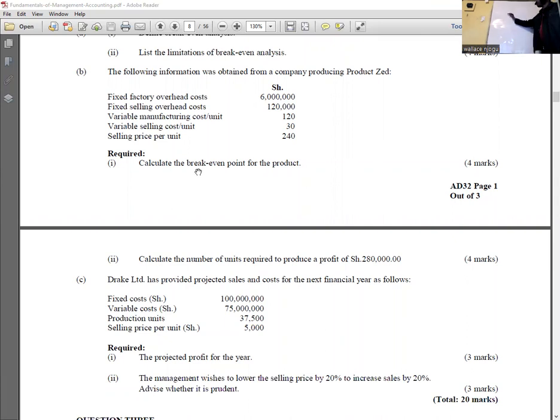So tunasema the break-even point is given by, we take the fixed cost over contribution per unit. Haya, hapa the fixed cost tumepewa zikiwa mbili.